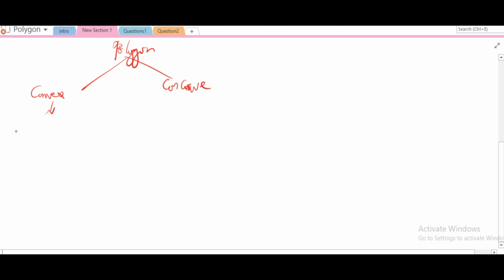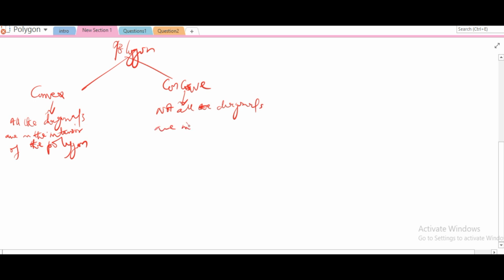So I'm saying that all the diagonals are in the interior of the polygon. Why this? Not all the diagonals are in the interior.